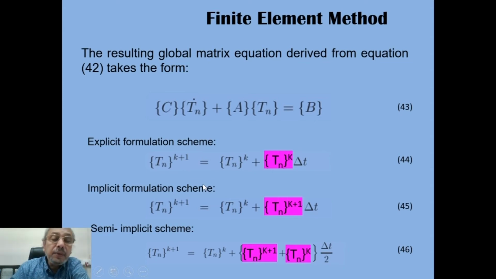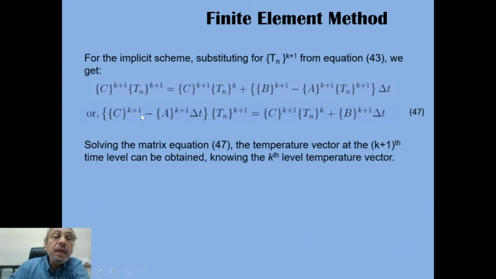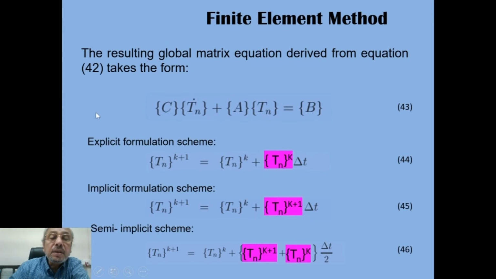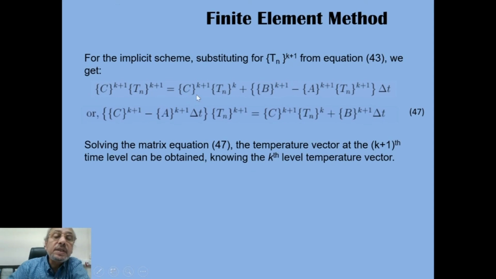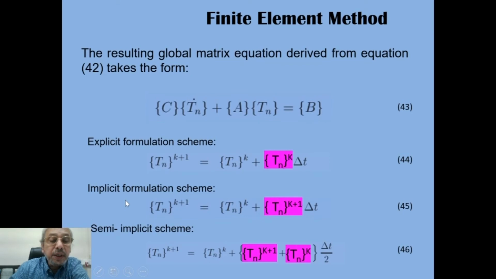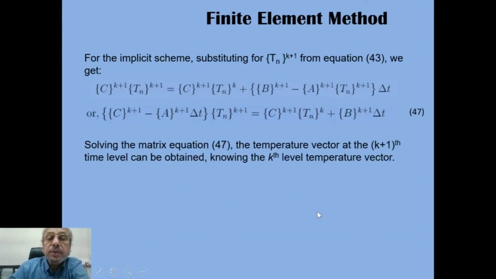Say for example, if we want to do it through the implicit formulation, then in the relationship C Tn dot plus A Tn equal to B, we can substitute what we have written for the implicit formulation, that is Tnk plus 1 equal to Tnk plus Tnk plus 1 into delta T. If we do that, we will finally get equation 47.